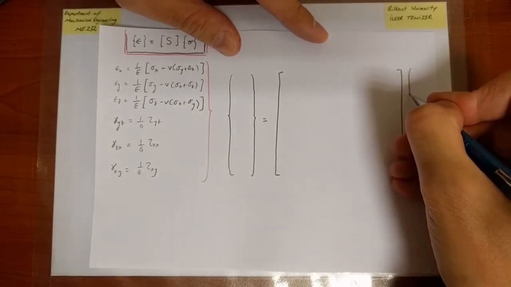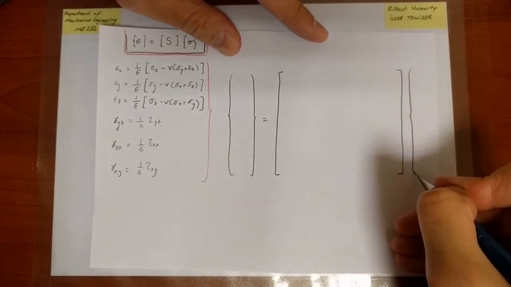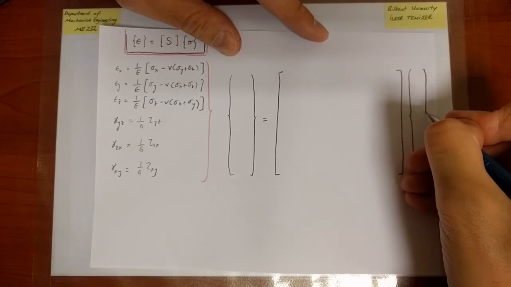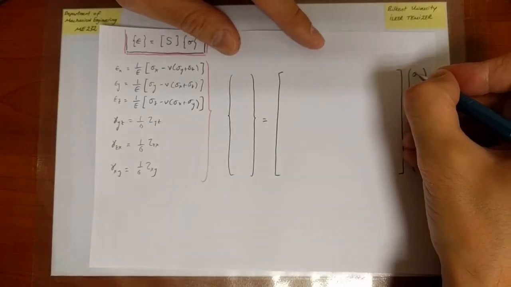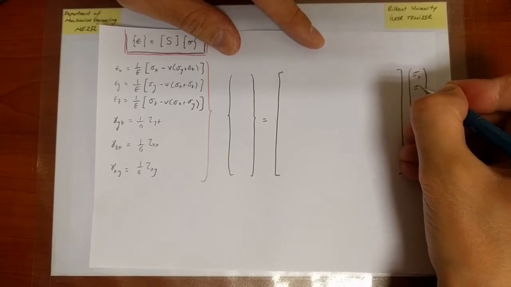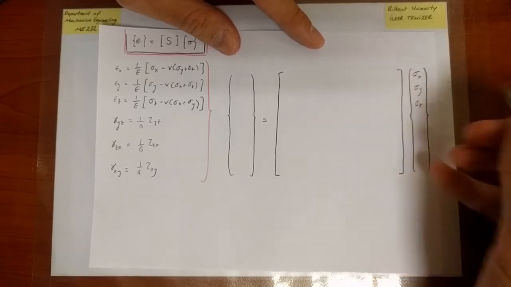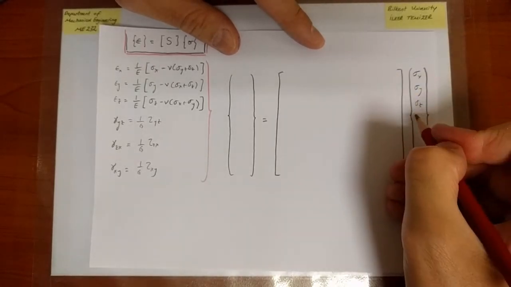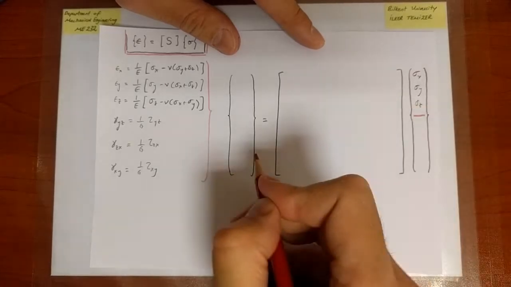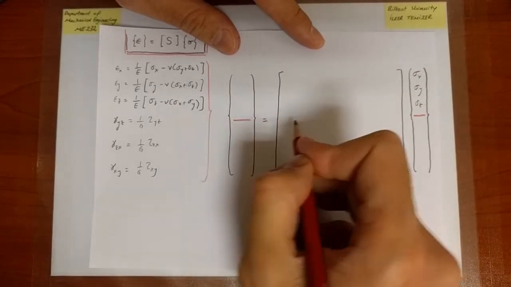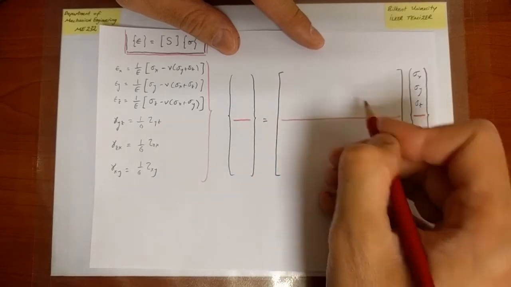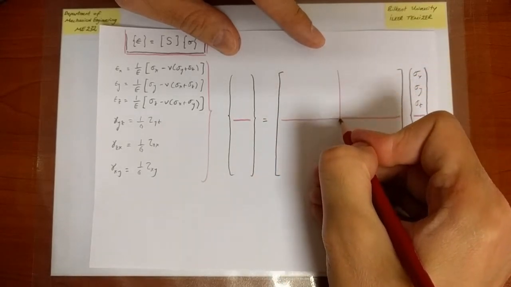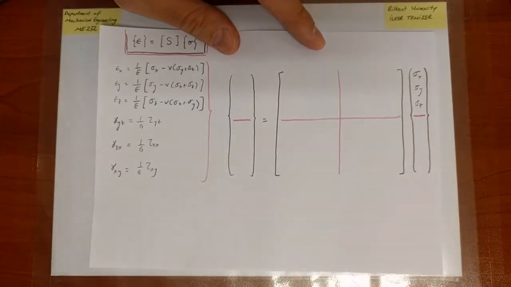Okay, first on the right we have stress, sigma x, sigma y, sigma z. And what I'm going to do is split these up also through the middle as I've done before. I'm actually going to split this up as well in this fashion.